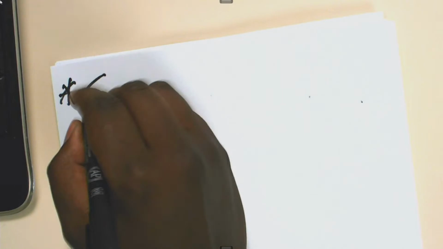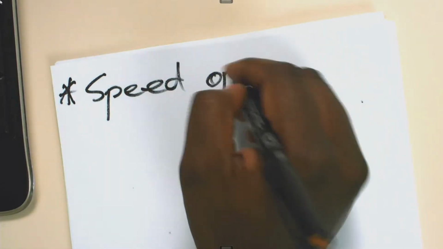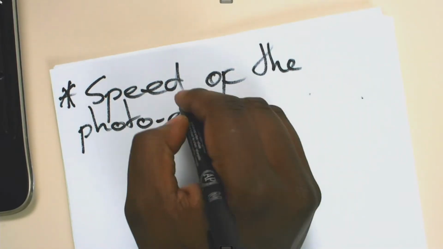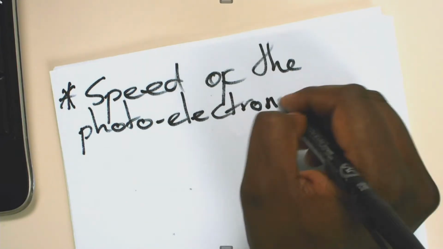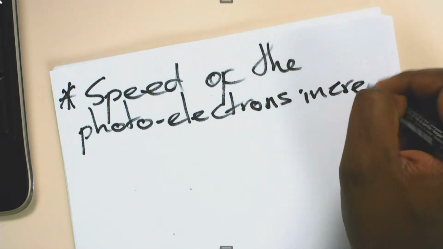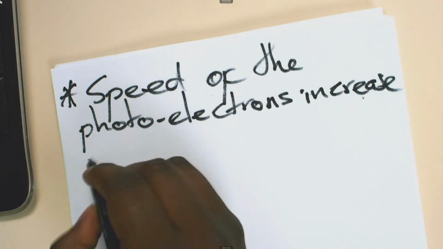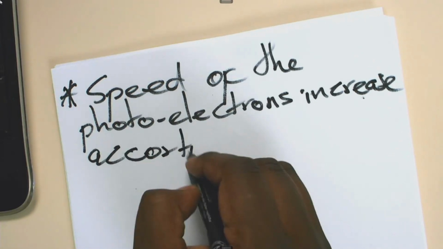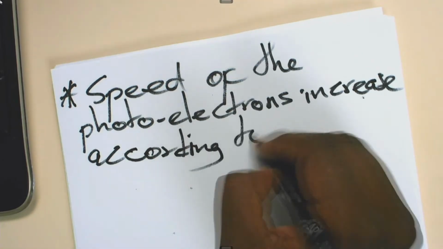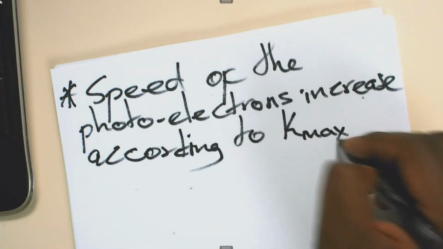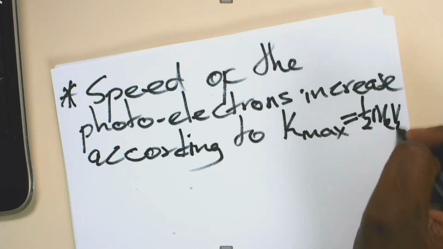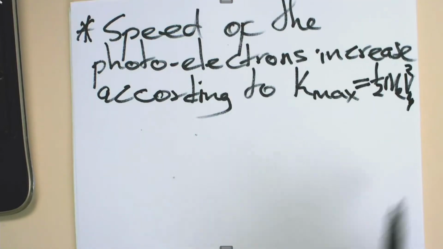Then it means that the speed of the photoelectrons increases according to the formula, K max, which is equal to half m electron V max squared.